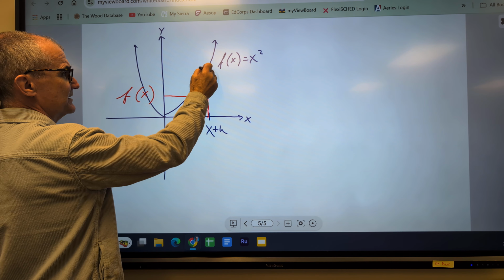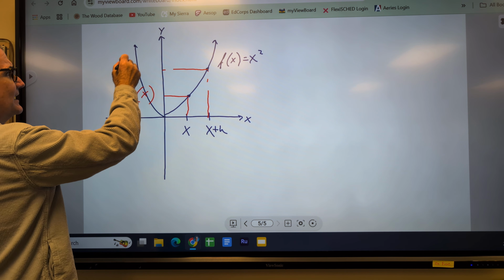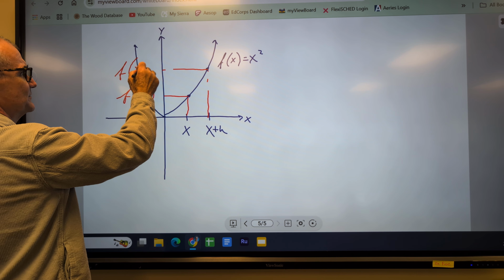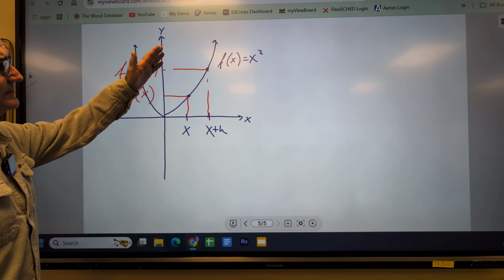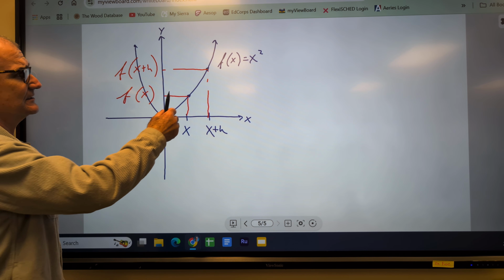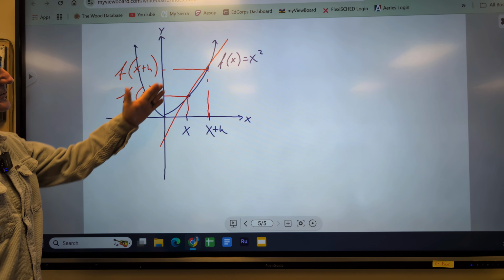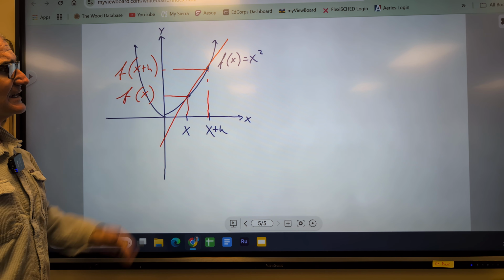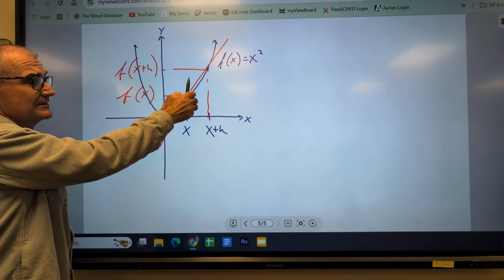Therefore, this corresponding y value would be f of x plus h. So now I have 2 points on my curve, and I could say they're getting closer and closer. So rather than have a secant line that goes through 2 points, I'm actually looking for a tangent line that's going to get closer and closer.